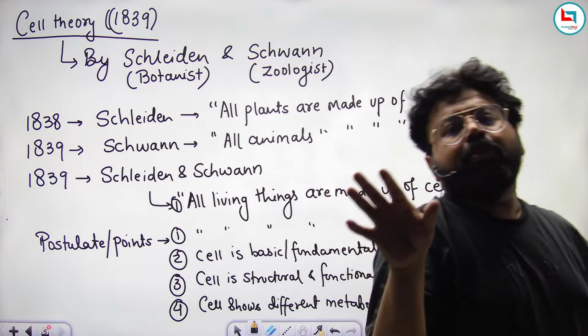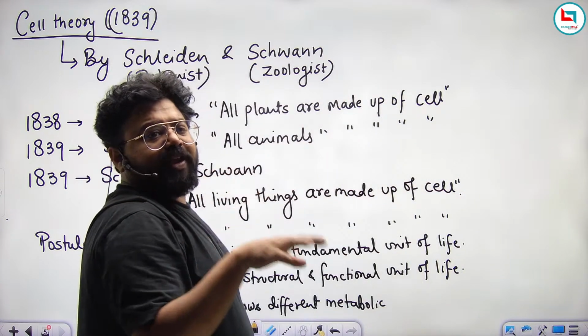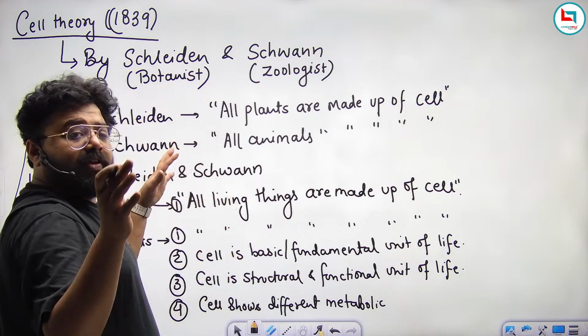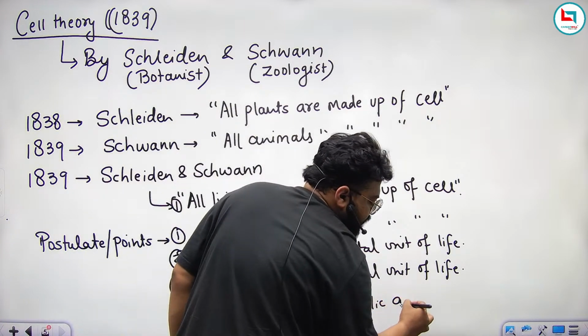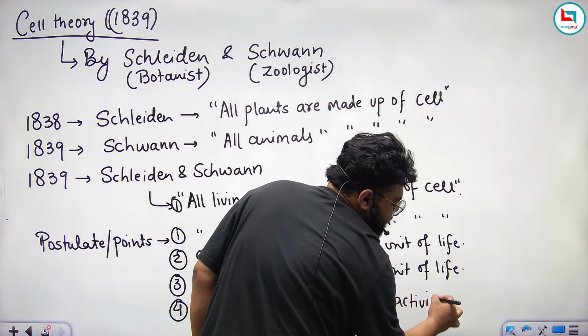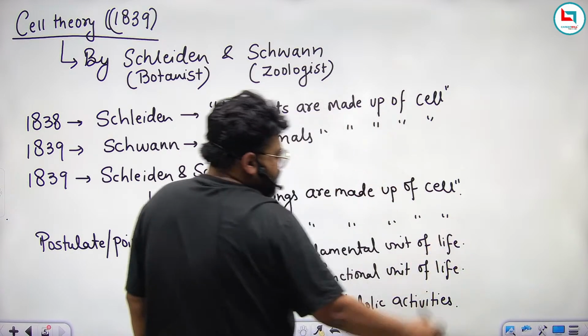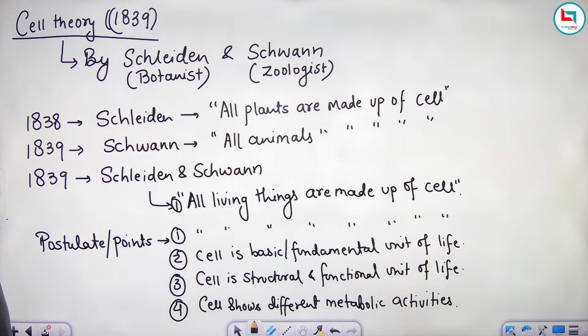There are n number of activities going on inside the cell, and all these activities are commonly known as metabolic activities. So the cell shows different metabolic activities.